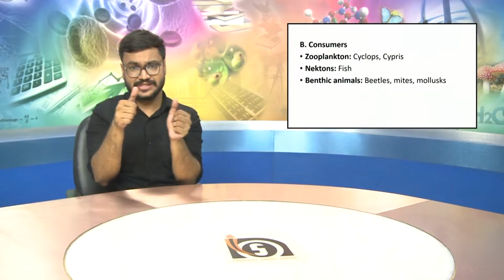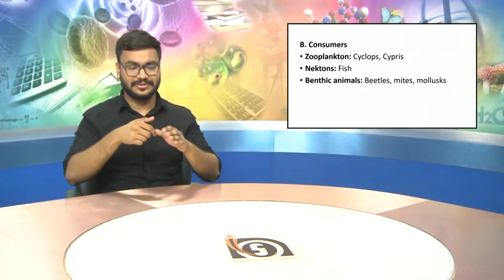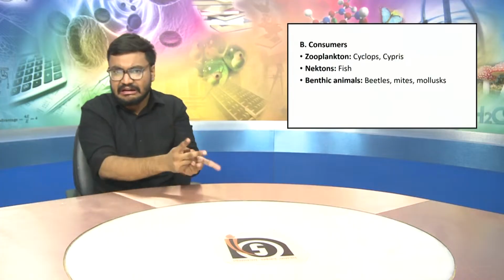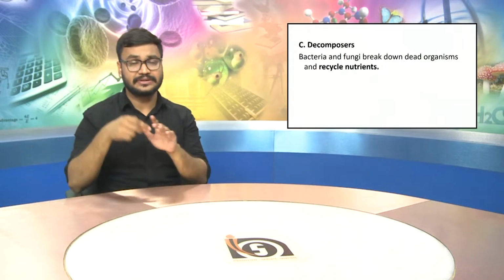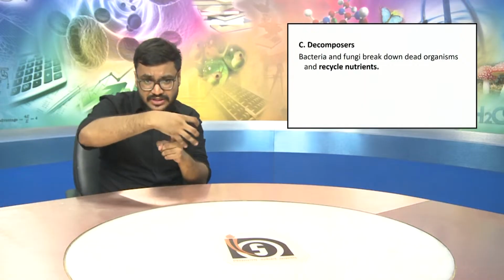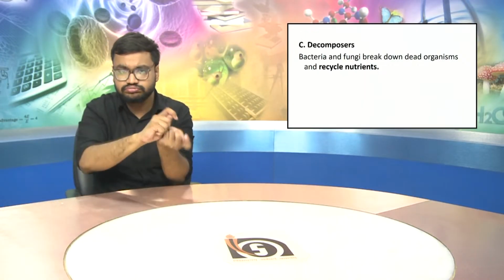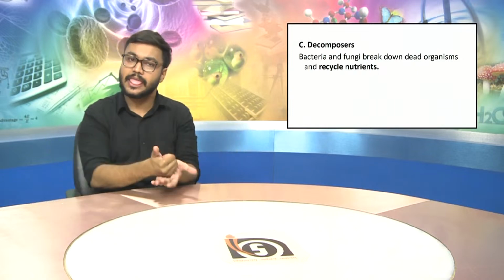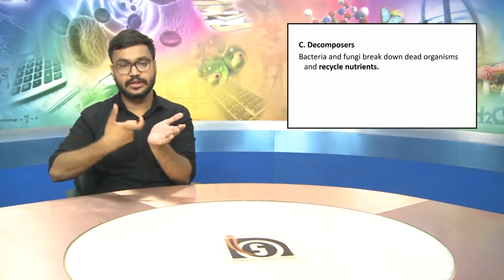And third is benthic animals, which include beetles, mites, mollusks, etc. And the third, we have learned about the decomposers, which include bacteria and fungi. They break down dead organisms and recycle nutrients.